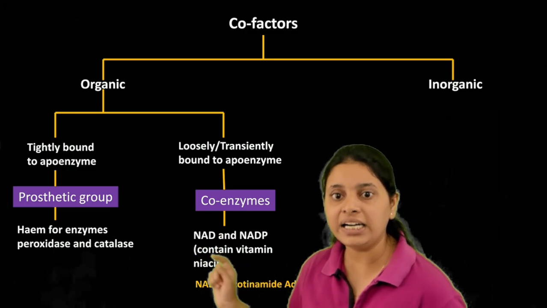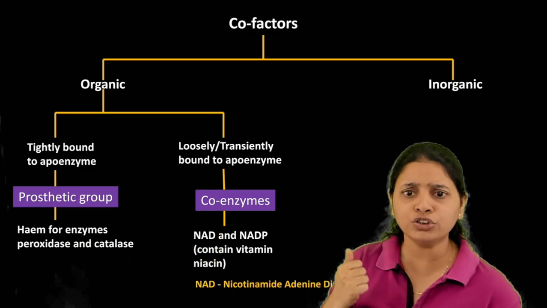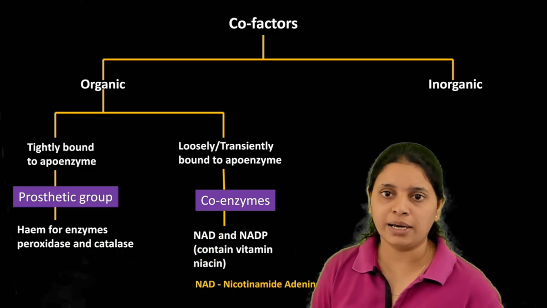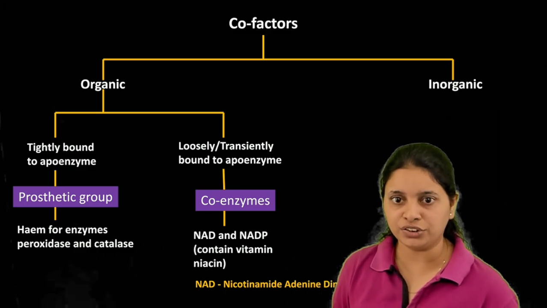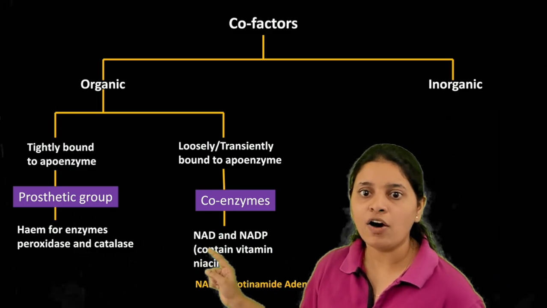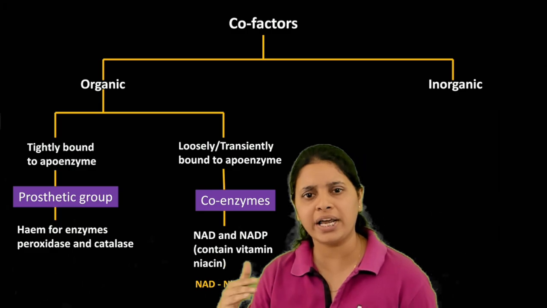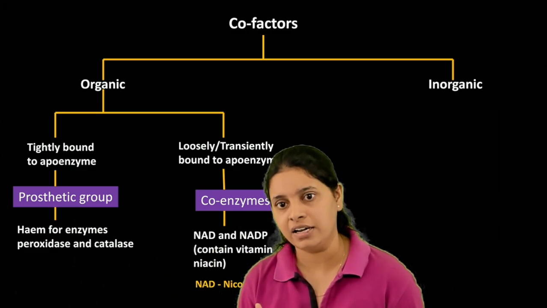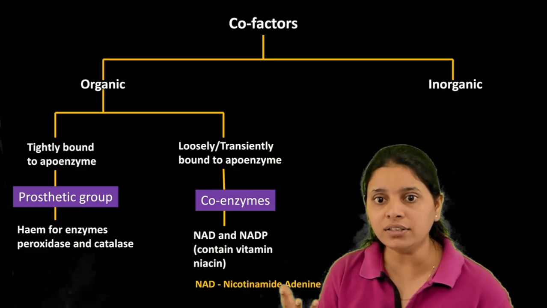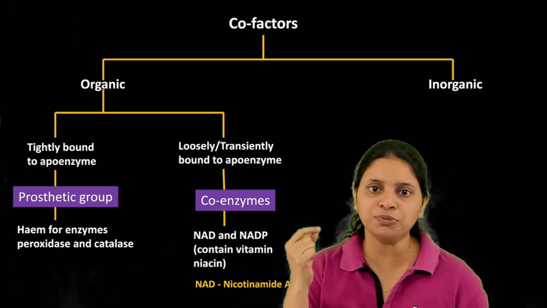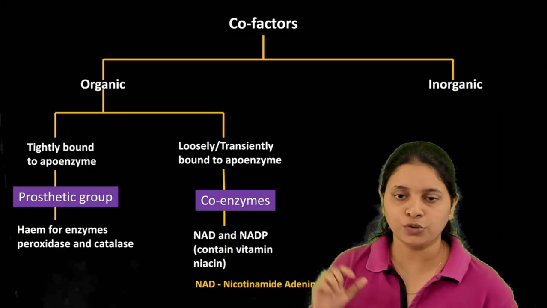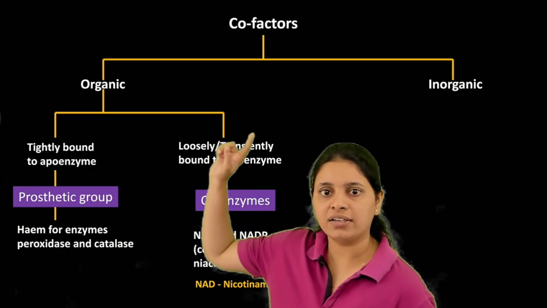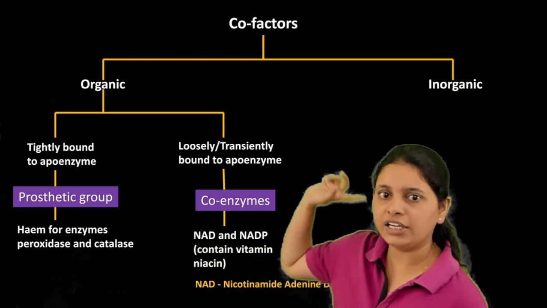Okay, so NAD acts as hydrogen acceptor in many steps of cellular respiration. And this NAD or NADP, or even there are more like FAD, flavin adenine dinucleotide, these are required as coenzymes for specific enzymes to work. So far what we have seen is cofactors are of two types, organic and inorganic.